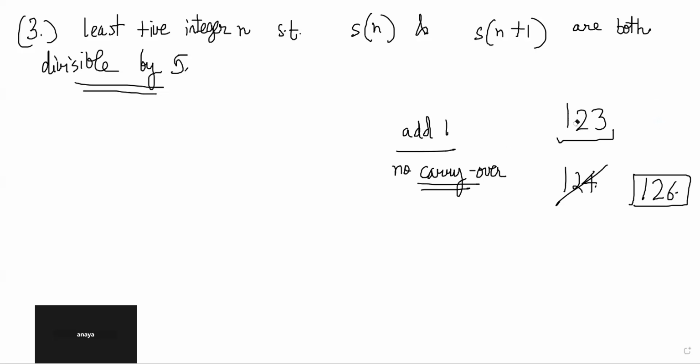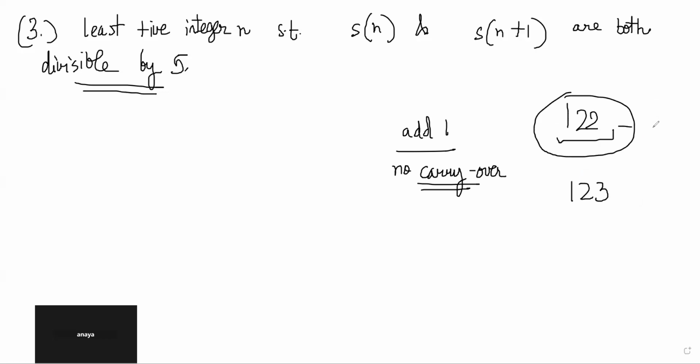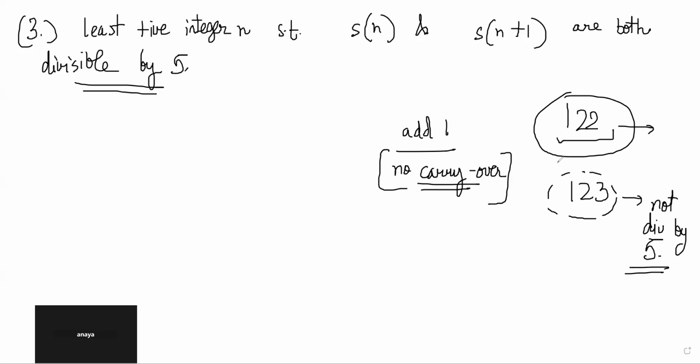Sum of the digits is actually 6. If it is 1, 2, 2, sum of the digits is divisible by 5. But the sum of the next number is not going to be divisible by 5. So basically, in a situation where there is no carryover, this property is not going to be possible, right? Yeah.